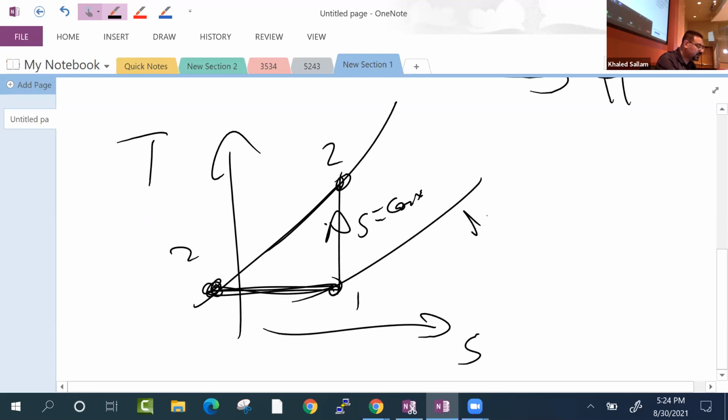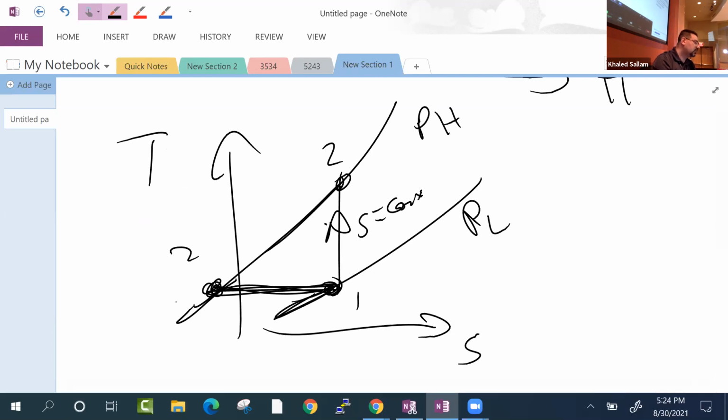If you go from this P low to P high isothermal, you spend less work. But how do you do isothermal compression? What are you supposed to do? Because as we increase the pressure, the temperature increases on us for isentropic.